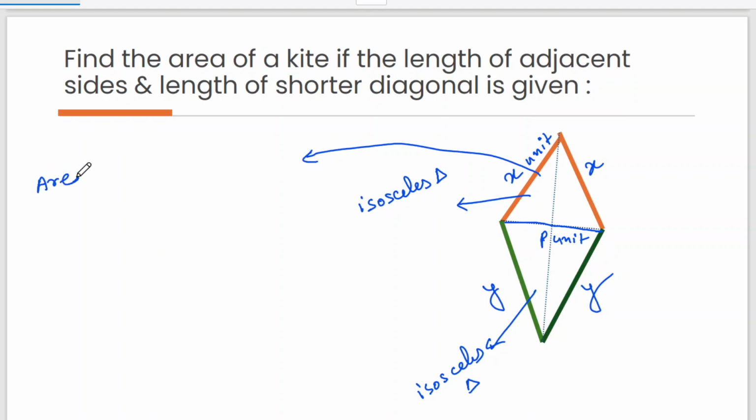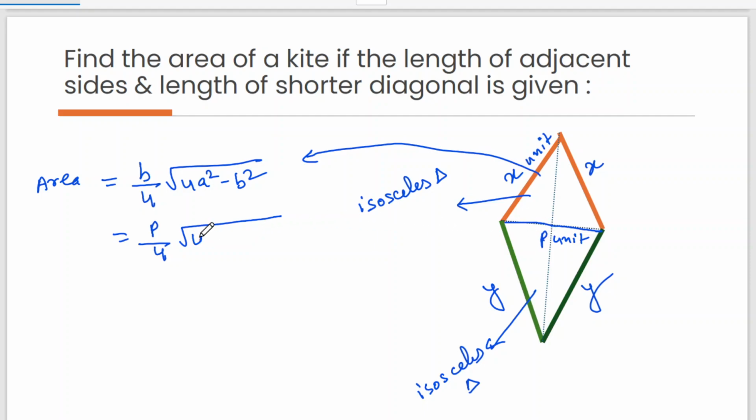Area of an isosceles triangle, you know, is b by 4 under root 4a square minus b square. So what is our b? B is the length of the different, unequal side, so it is p by 4. I have replaced b with p.